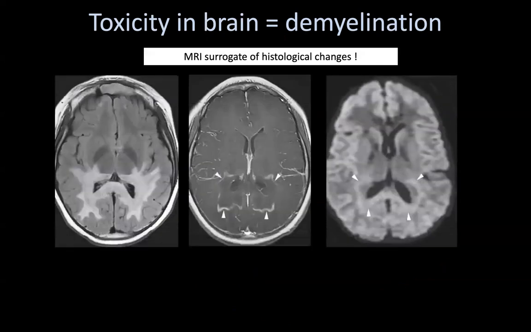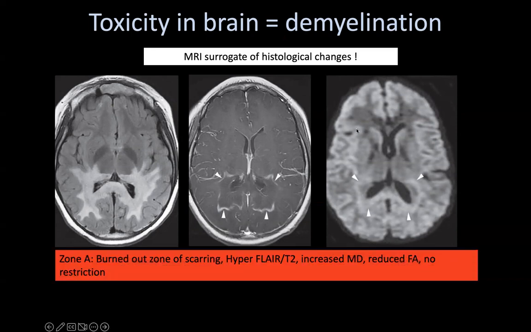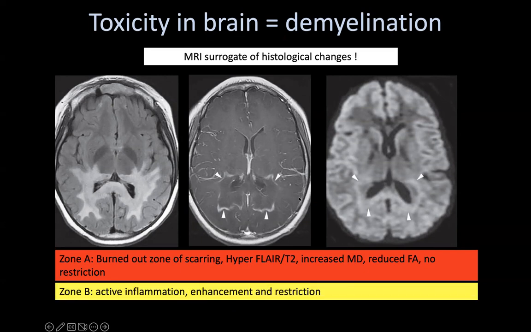And what we have here are three layers of changes, mainly in the posterior white matter, as I showed you before: a zone A, burned out zone, hyperintensity on T2, hypointensity on T1, and in diffusion; an intermediate zone of enhancement and restriction that is active inflammation, very important to trigger bone marrow transplant, so you need to identify the enhancement.